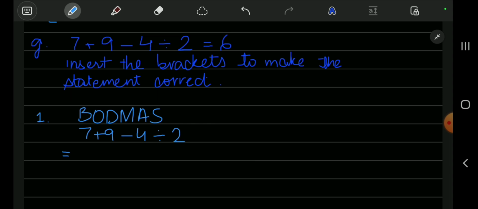Following the BODMAS rule, first we'll do the division. So 7 plus 9 minus 2, as 4 divided by 2 is 2. Then 7 plus 9 is 16 minus 2. So it is going to give you 14. That is not correct.